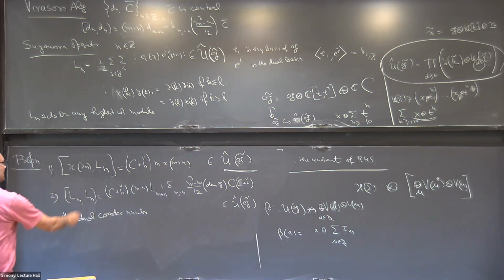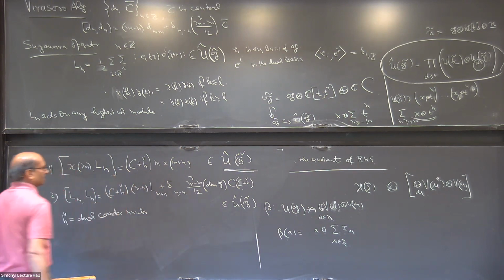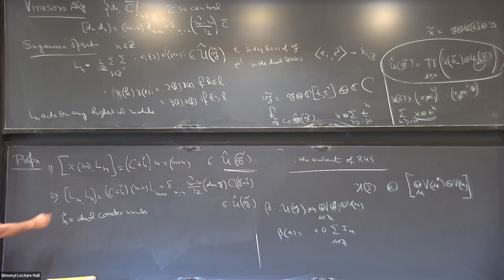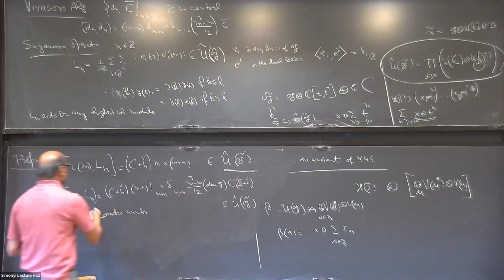And the point is that we have this commutation relation where h check is the dual Coxeter number. And you see, this relation exactly tells us that it's Virasoro.